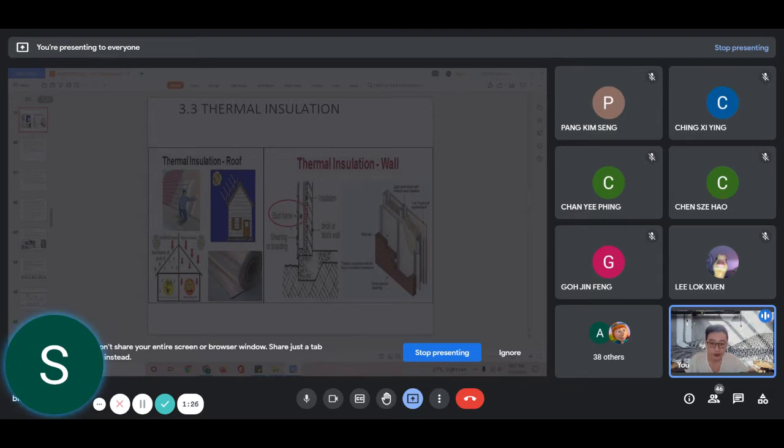You can have this frame, or a board, insulation, and then inside you can have brick. If you want to go into more detail, here we can have plastering, and then maybe wallpaper inside.